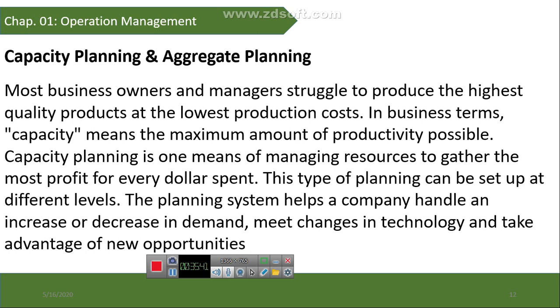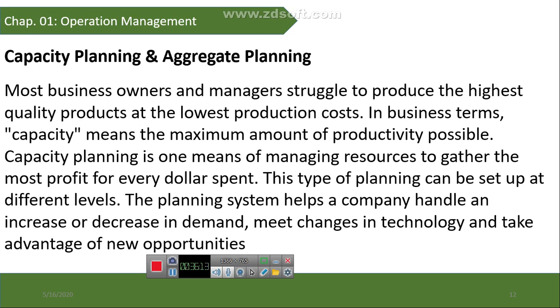We will discuss aggregate planning. Aggregate planning is a mid-term capacity planning that typically covers a period of 2 to 18 months. Like capacity planning, aggregate planning considers the resources needed for the production, such as the equipment, production space, time, and labor.